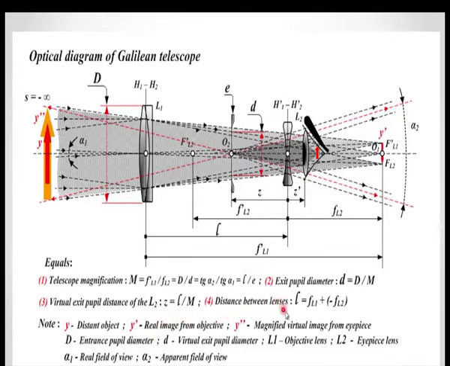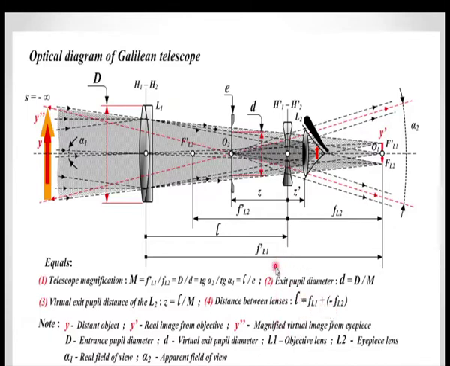Then the distance between lenses, FL1 plus FL2, can be obtained by knowing the focal length of the objective and the focal length of the eyepiece. Here the objective is a convex lens, then the eyepiece is a concave lens. That's why the minus sign comes for the focal length of the eyepiece.